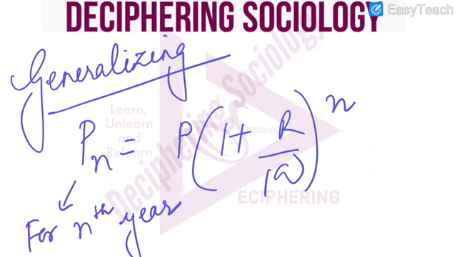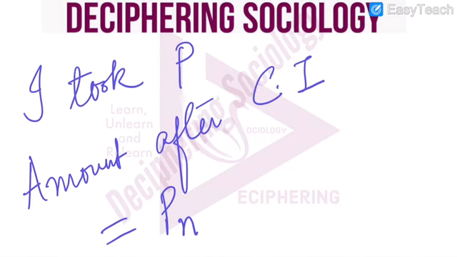When we generalize it, we will find that for the nth year, the principal will be P into 1 plus R by 100 to the power n. So what can we see as the difference?